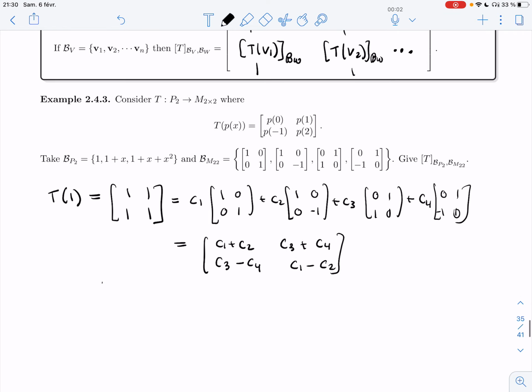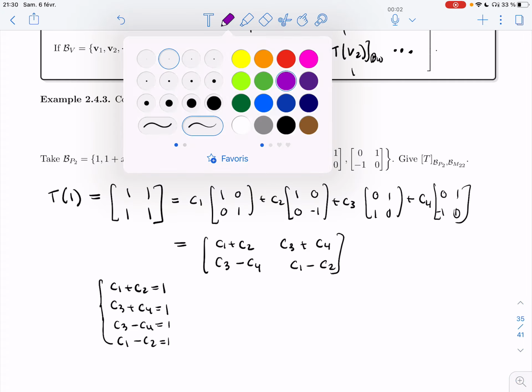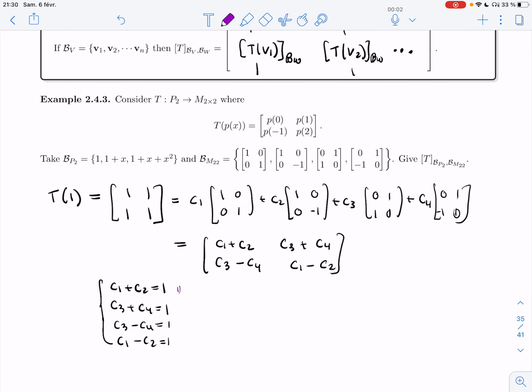Oh, I put C2 twice earlier. That's why I was so confused. All right, so I need C1 plus C2 to be 1. I need C3 plus C4 to be 1, C3 minus C4 to be 1, and C1 minus C2 to be 1.